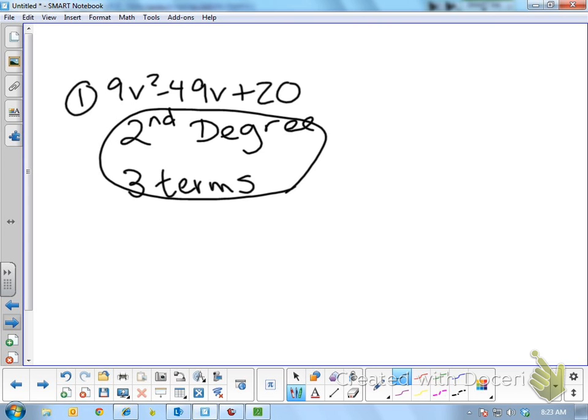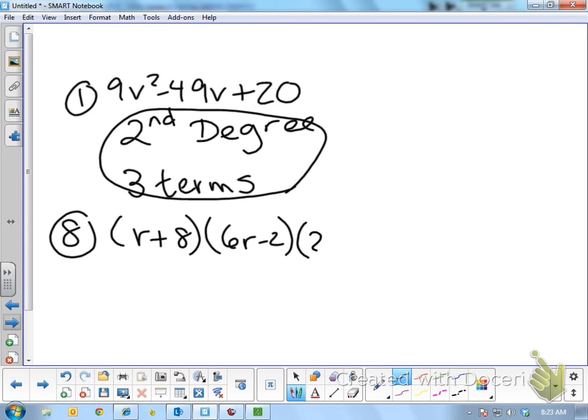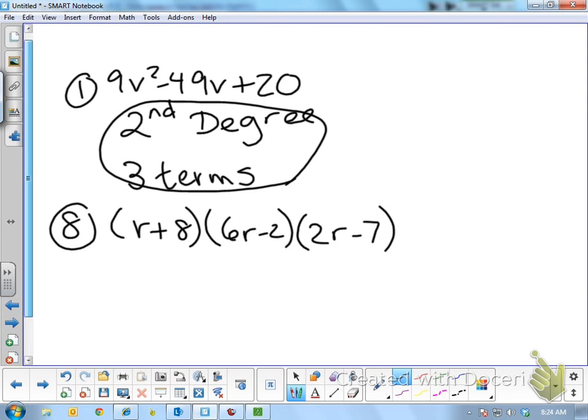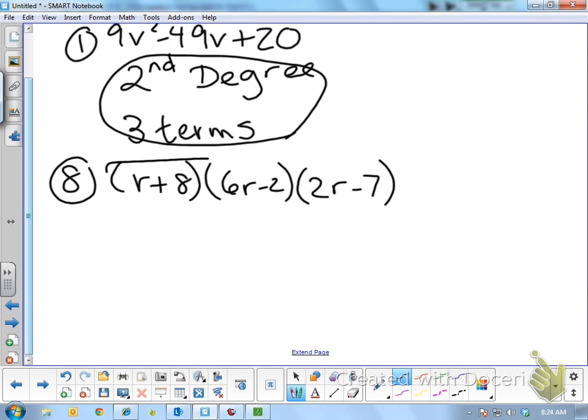So I also wanted to look at 8, and then one of the factoring problems on the back. So r plus 8 times 6r minus 2 times 2r minus 7. When we have multiple things multiplying together, we multiply the first 2 together first, and we ignore the third one for now.